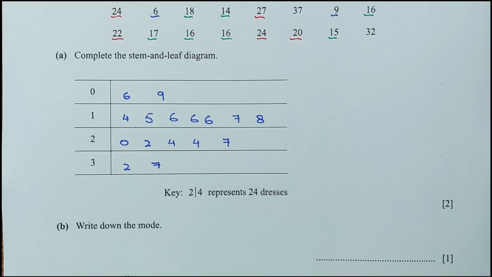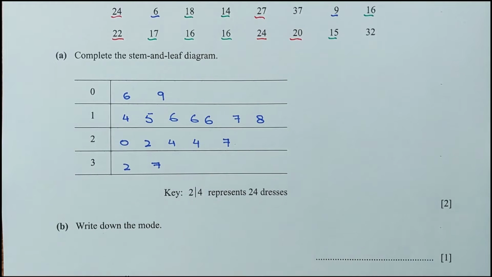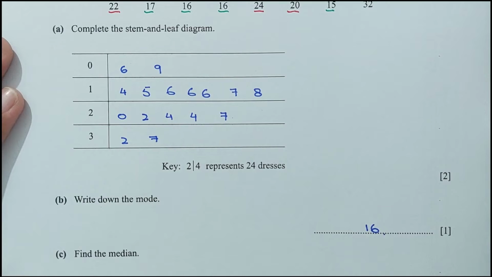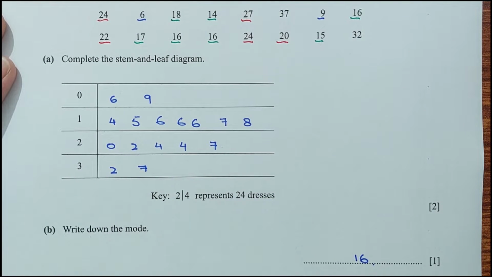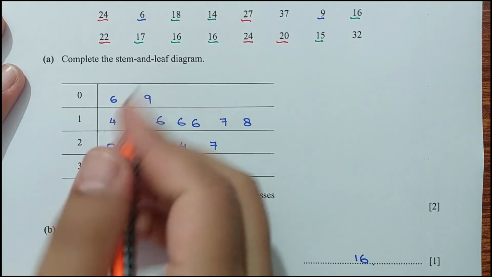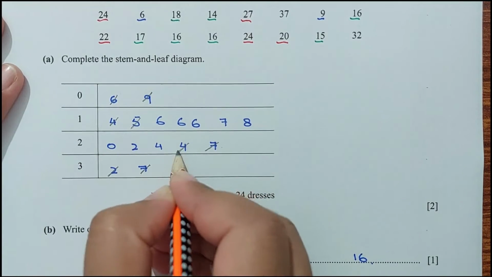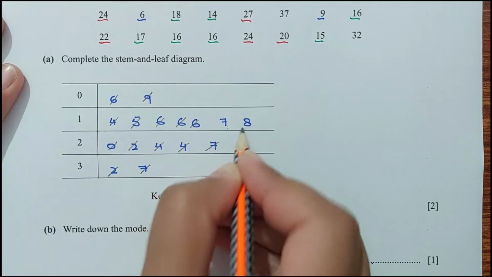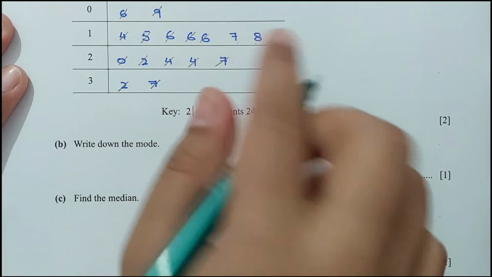Now for part B, write down the mode. Mode is the most repeated value, which is 16, since 6 comes three times. Now for part C, find the median. Median is the middle value of the data. Since we have 16 dresses, the middle ones are these two, 17 and 18.